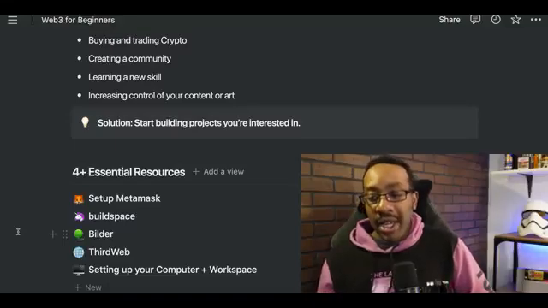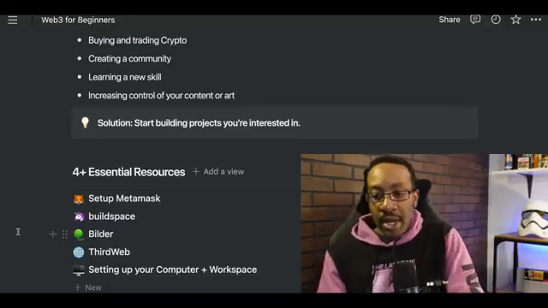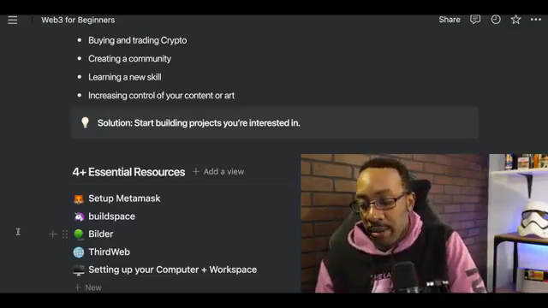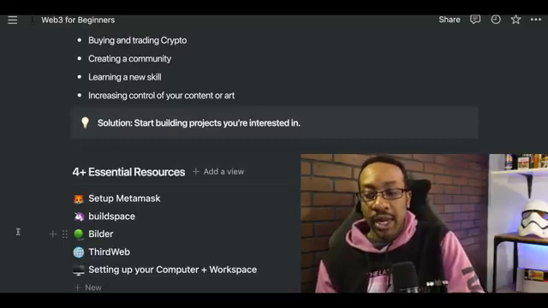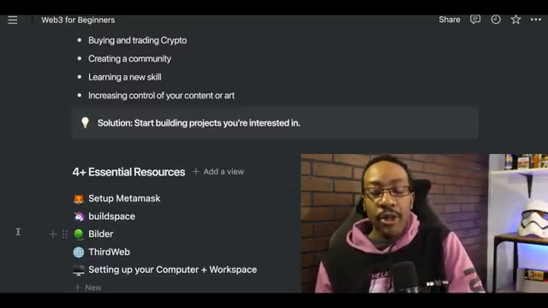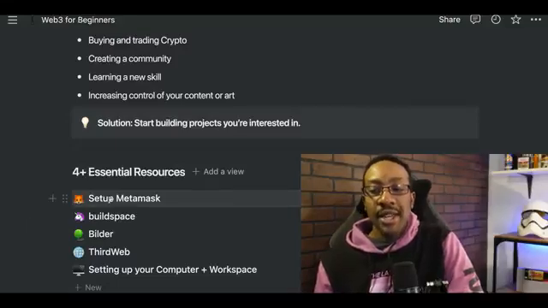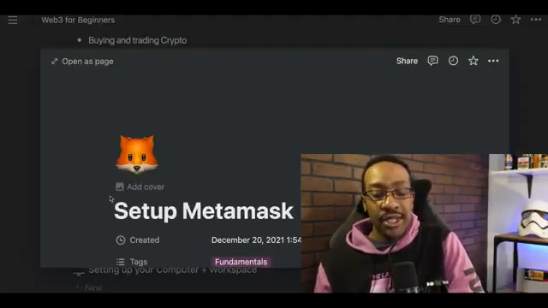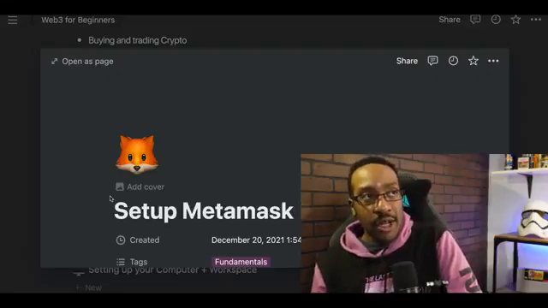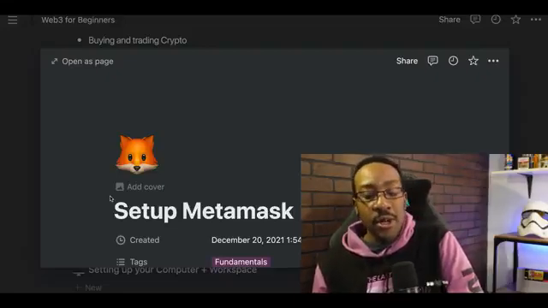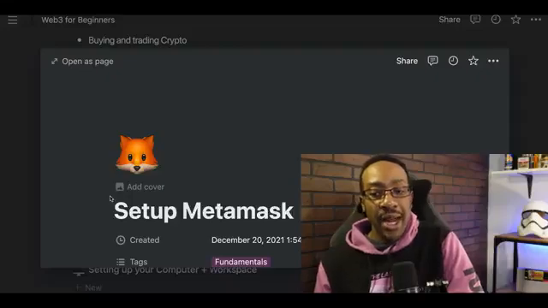Next, we're going to be looking at the different resources. There are 4+ different resources that we have right now, and this will help you to move a lot quicker into the world. The reason we would say set up a MetaMask is when you're creating a lot of these things, either as a developer and you're going to be on a test network, or you're just going to be buying different crypto and seeing what happens.